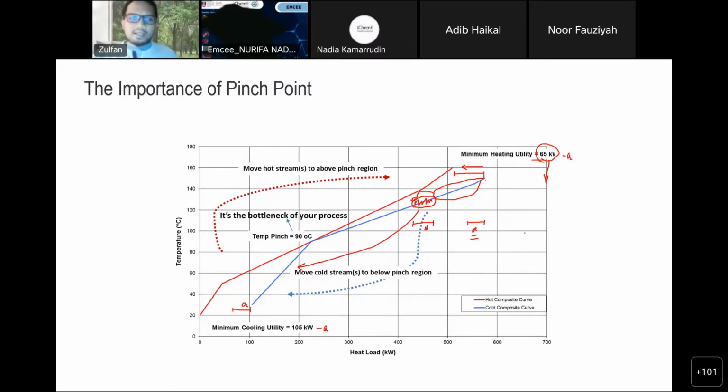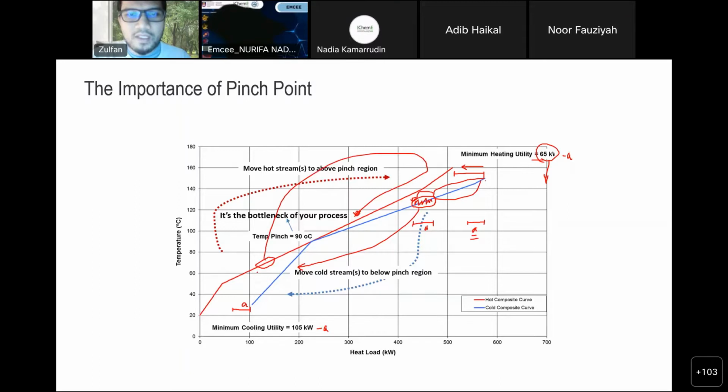And then the second option is to look into the process and see if any of these processes you can shift around this pinch temperature. For example, you can take this part to the top or somewhere here, depending on how much you can pump the heat.